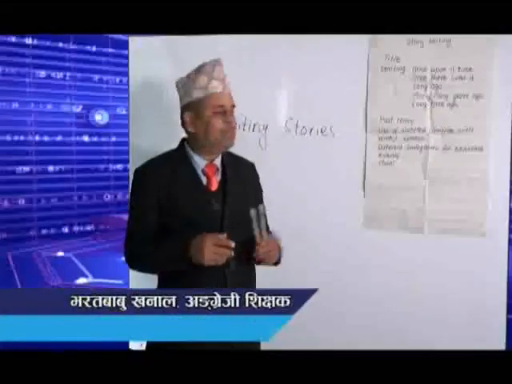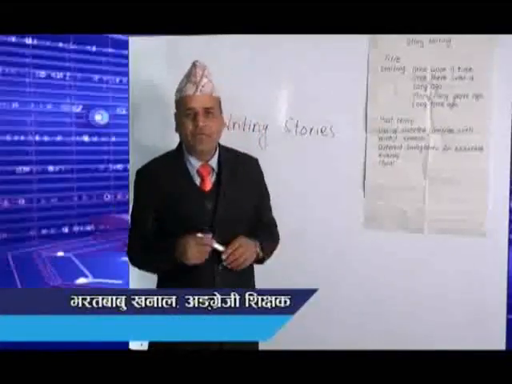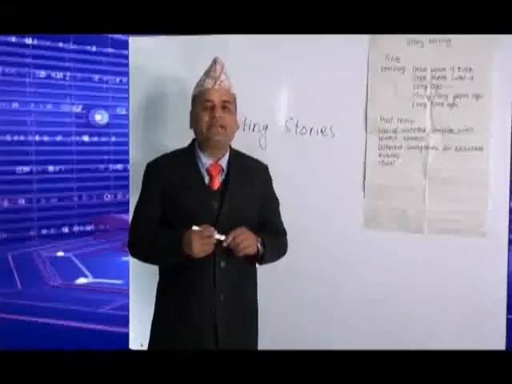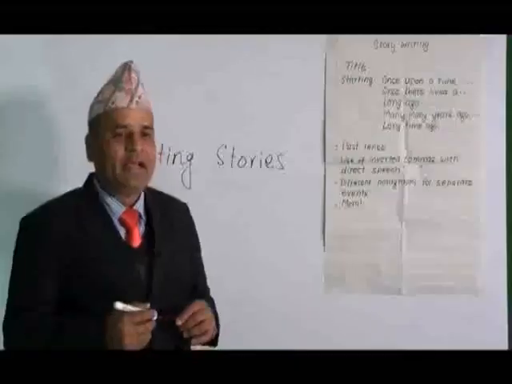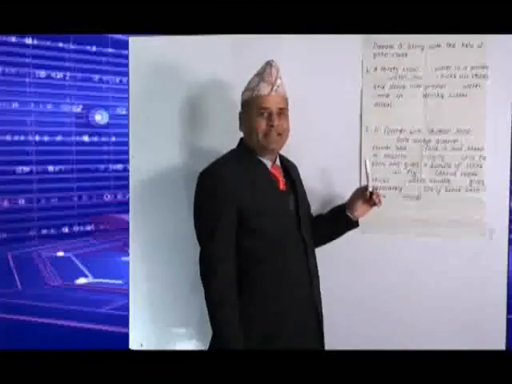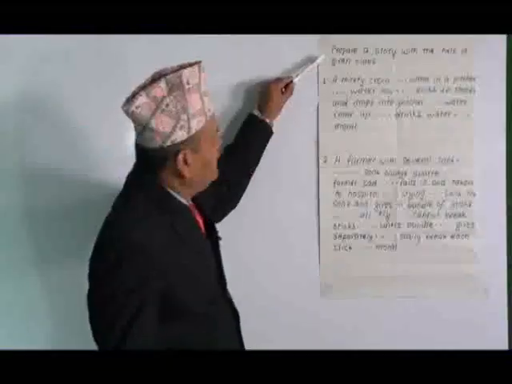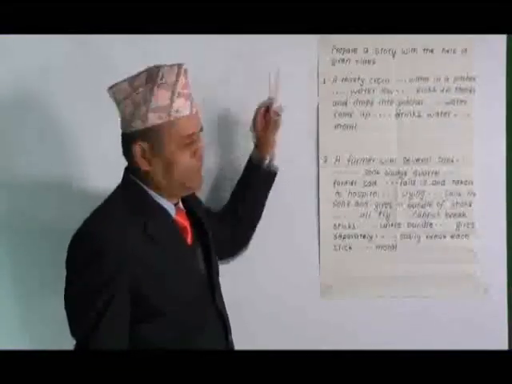Okay, dear students, after this, we are going to write a story. In your book you find stories, and also in your exercise you find some stories. We are going to start story writing. So let's start. Here you see, prepare a story with the help of given clues.